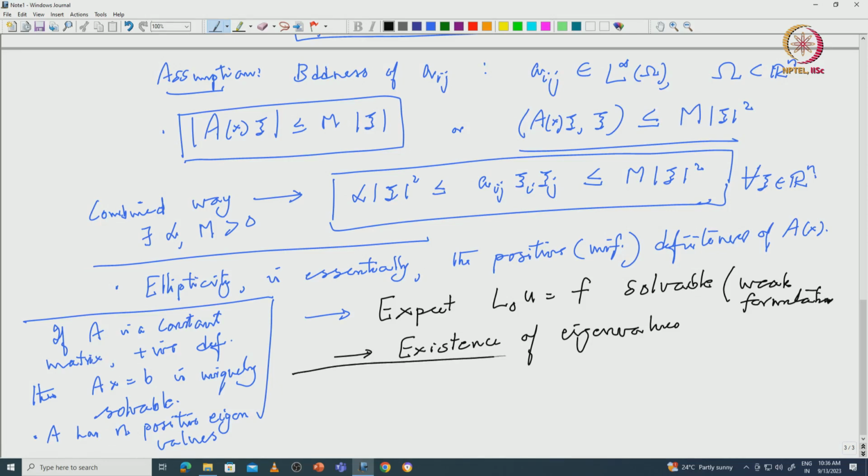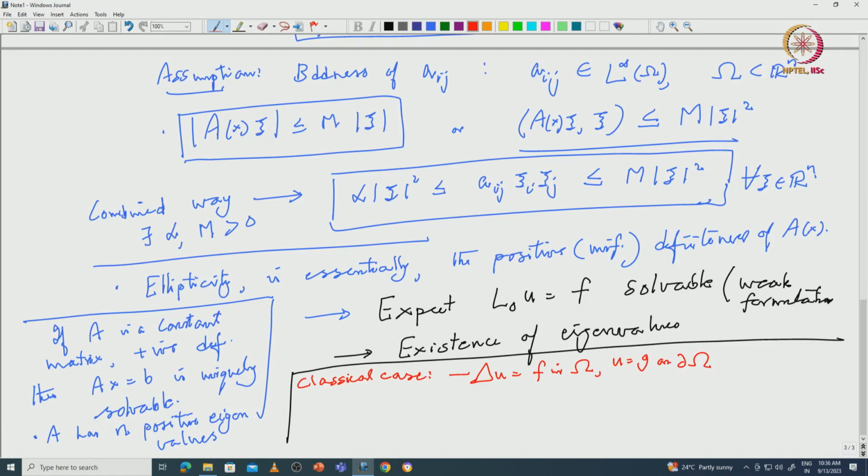But let me make one remark here, even for the classical case. Look at this equation, minus Laplacian of u equal to f in omega, and u equal to g on the boundary of omega. This you have studied in part 1, our first course on partial differential equations.